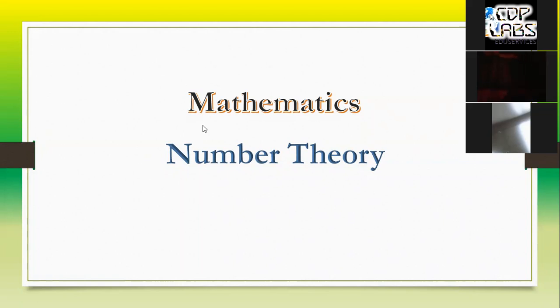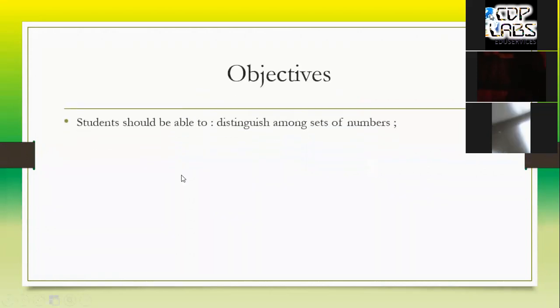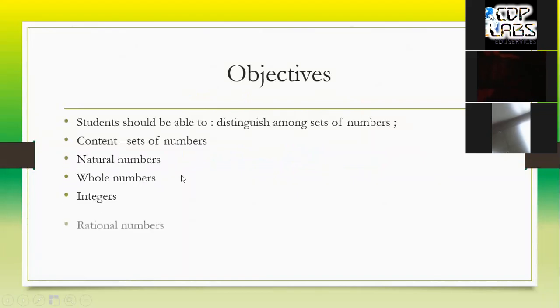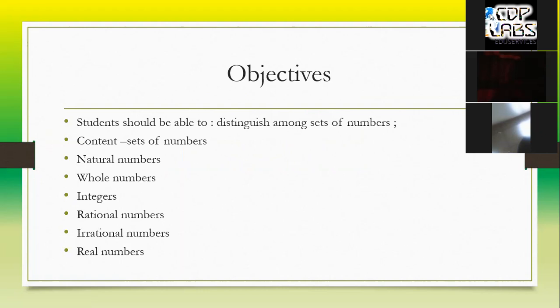Let's get into the objectives now, of what you are expected to know. All right. This is coming straight from the syllabus. Students should be able to do this, and you'll get the PowerPoint, so you don't have to worry yourself. Students should be able to distinguish among sets of numbers.